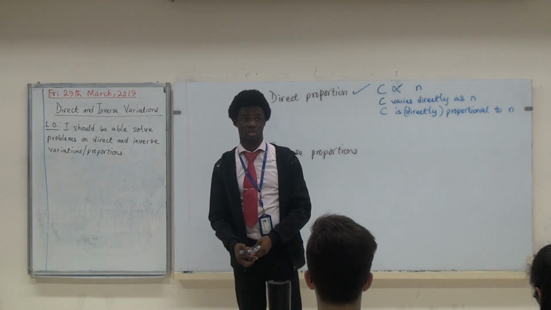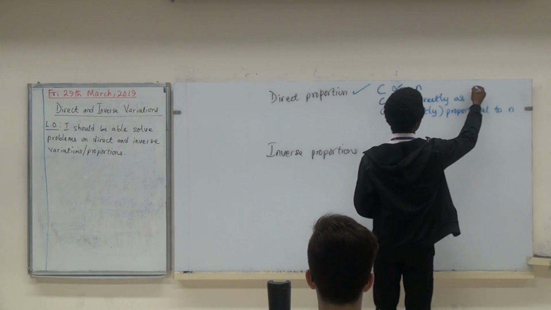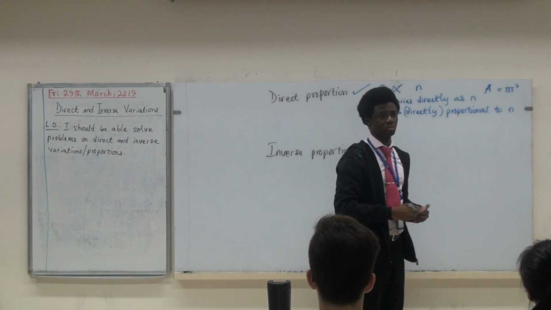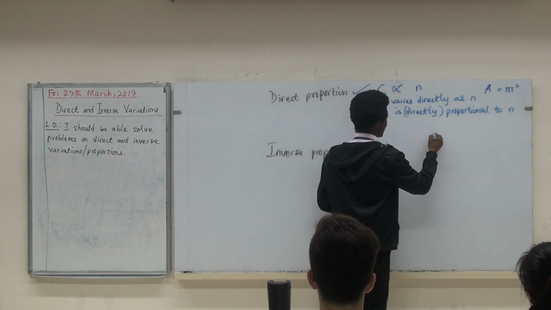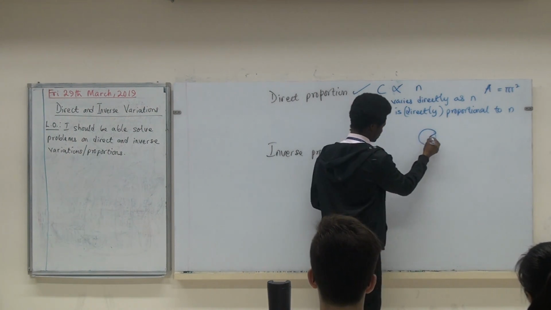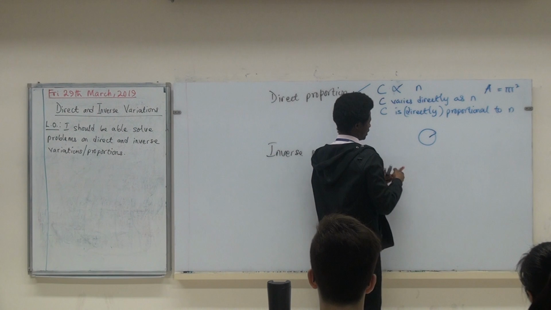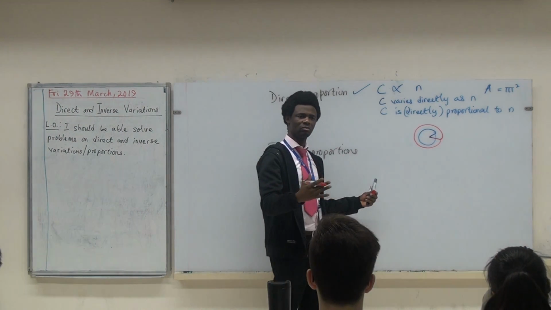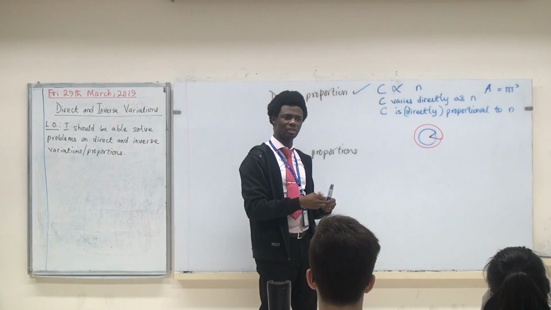Does it make sense? This relation, A is equal to pi r squared, is a direct variation. If I increase my radius, this is a radius, right? Now I decided to increase the radius and I draw another circle. The area becomes bigger. Does that make sense?